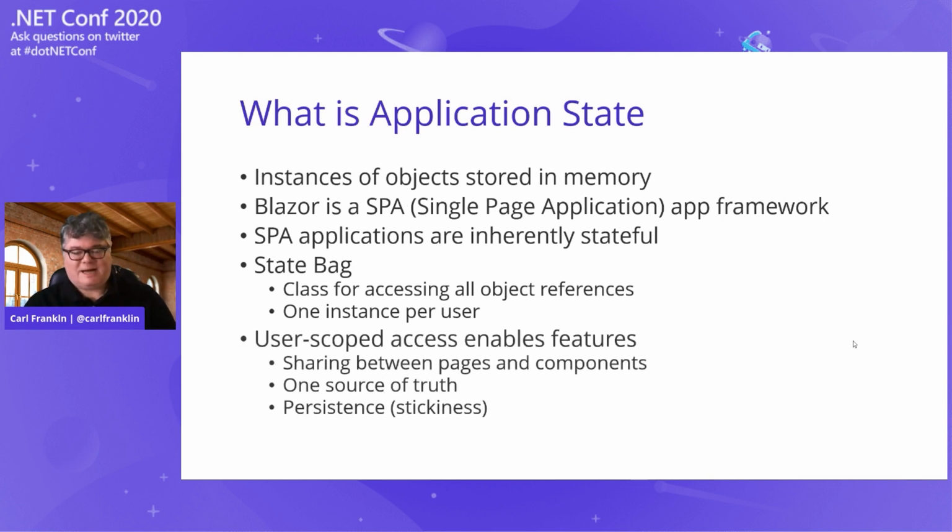Fortunately, in .NET Core, we have these user scope services that we can create. If we create a state bag class and put all our public properties in there, then we can add that as a scoped service, which means we can share it between pages and components. We can inject it into whatever page we want. It's one source of truth, and it also allows for stickiness.